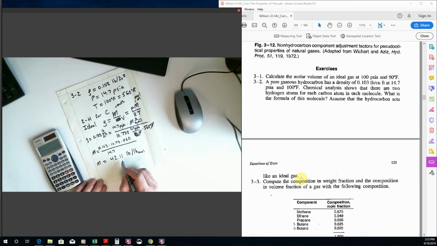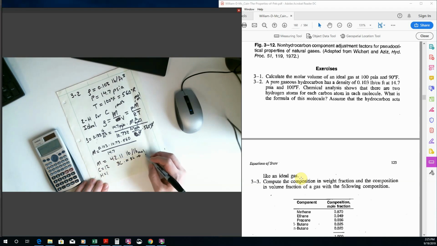So things we need to know: carbon has a molecular mass of about 12, hydrogen has 1, correct? So 12 goes into there how many times? Let's say 3 times. So there's 3 carbons, and 3 times 12 gives us 36.